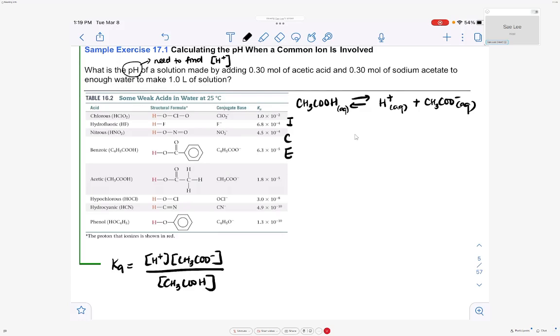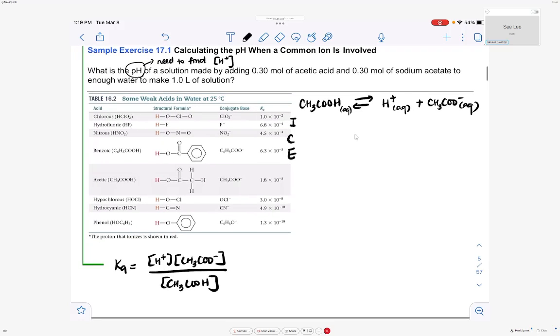The initial concentration of acetic acid is already given. Okay, it's 0.3 mole in 1 liter, so we know that it's 0.3 molar. And then the initial concentration of proton is 0 to start. Okay, we don't have any proton in the system yet. However, the initial concentration of acetate is actually the concentration of dissociated sodium acetate.